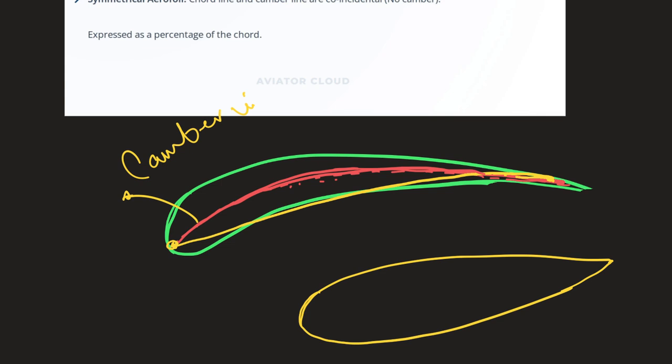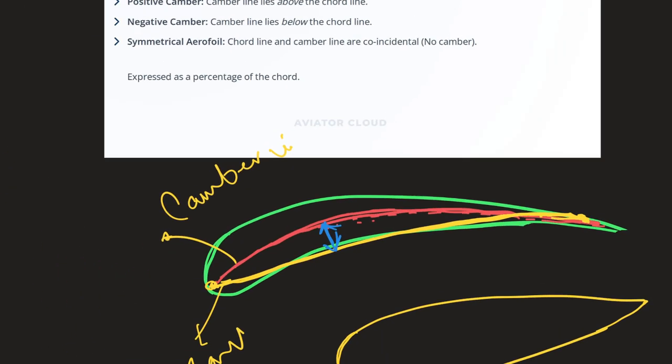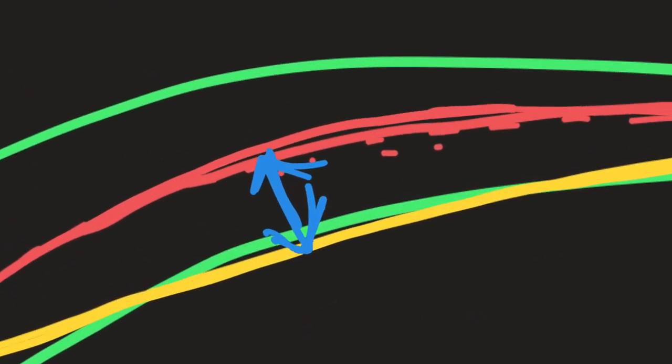The chord line is the straight line connecting the leading edge and the trailing edge, right? So let's say the maximum distance is here. Here the two have a maximum distance. So this is called maximum camber.